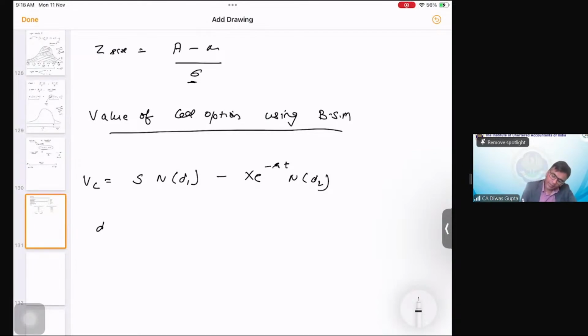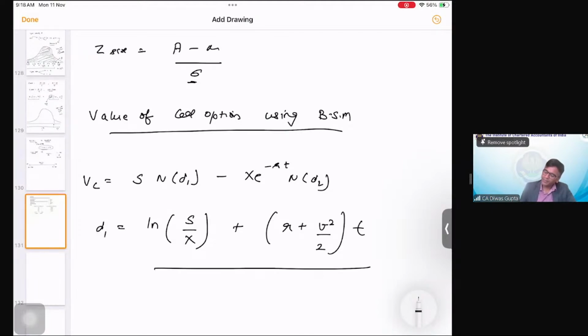Here d1 is equal to natural log of S by X, which is spot price divided by the exercise price, plus R plus volatility squared divided by 2, into T, whole divided by volatility times under root T. Clear, students?